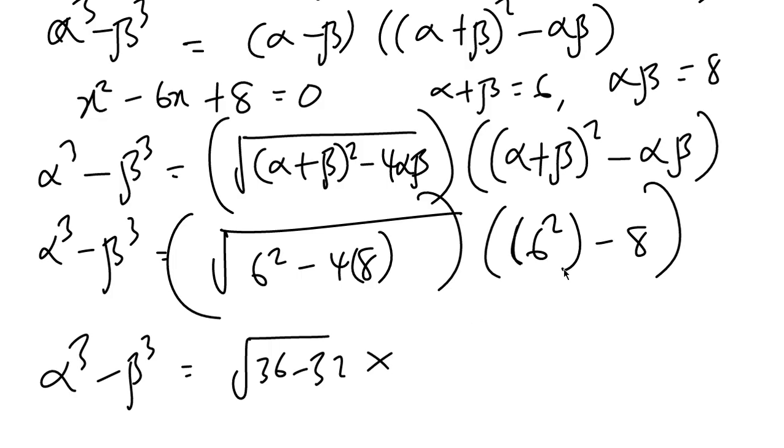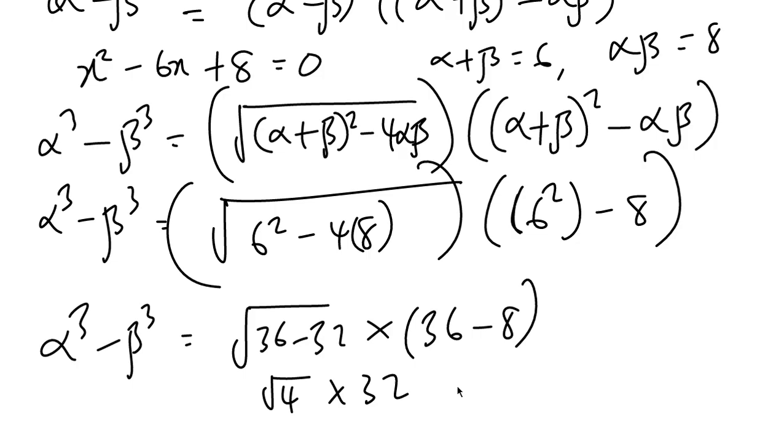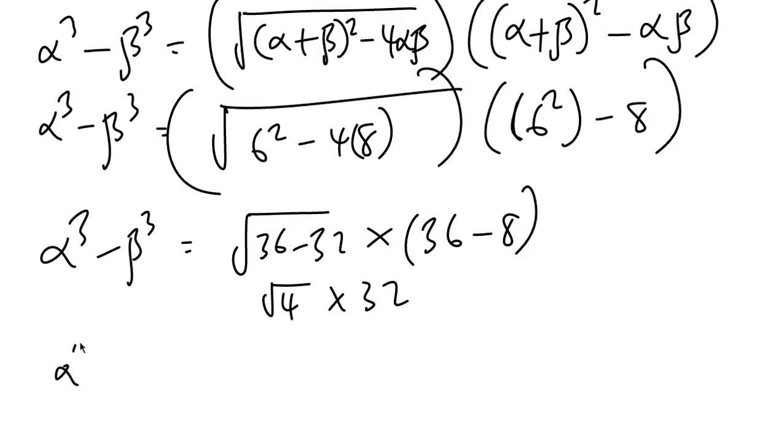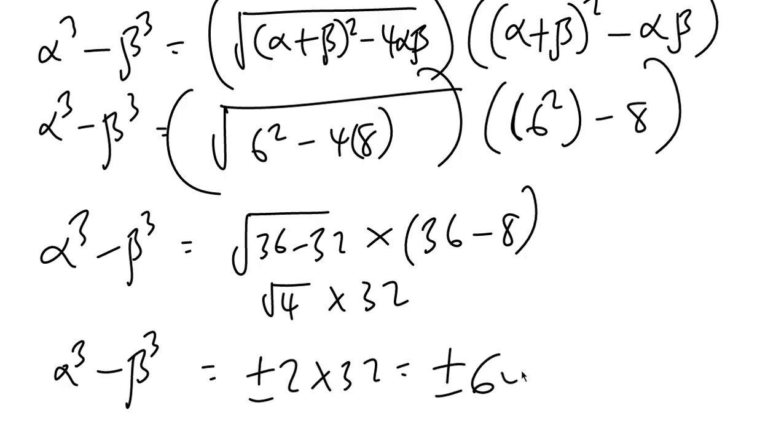Times 6 squared is 36, that's 36 minus 8. And then this is the square root of 4, right? Times 32. So alpha cube minus beta cube is equal to plus or minus 2 times 32, which is plus or minus 64, right?